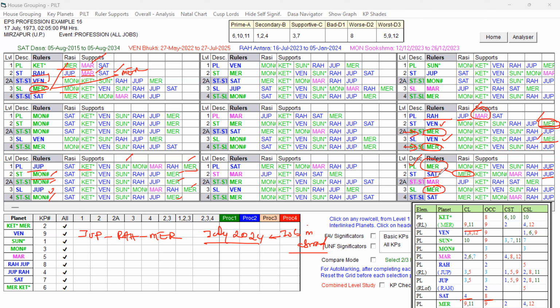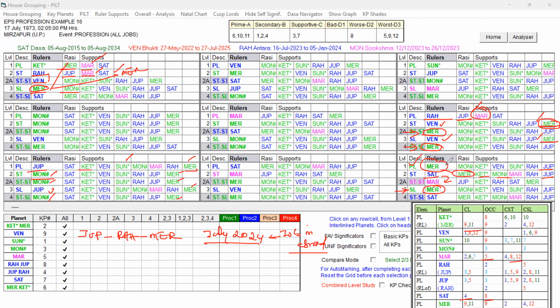But Saturn is getting the support of Mercury, Ketu, Moon, Rahu, Jupiter, all are good. And the 2A level planet Mars is indicating some weakness because it has that 5, 4, 8, 12 grouping. So it is indicating 8 and 12 are there at the star level, but they are being reduced by the Mercury planet by way of planet, and importantly, it is also ruling at the sublord.